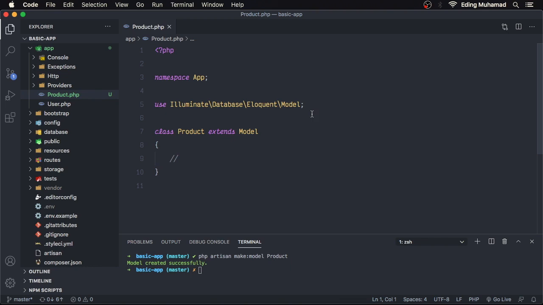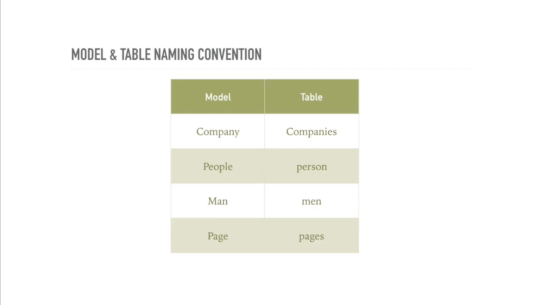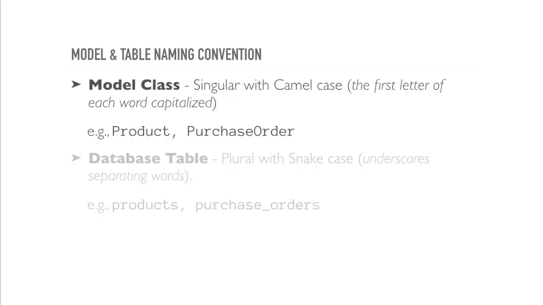Note that the model name should be written in capital and in singular form, but our table is in plural form. So, for example, if we had a class People, Eloquent will assume that the class represents a database table called person. This is the naming convention that you should follow when working with models.